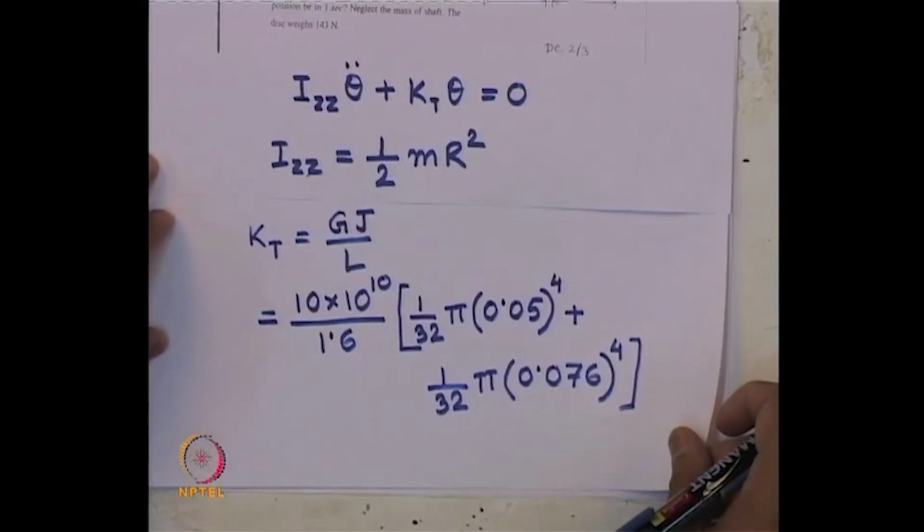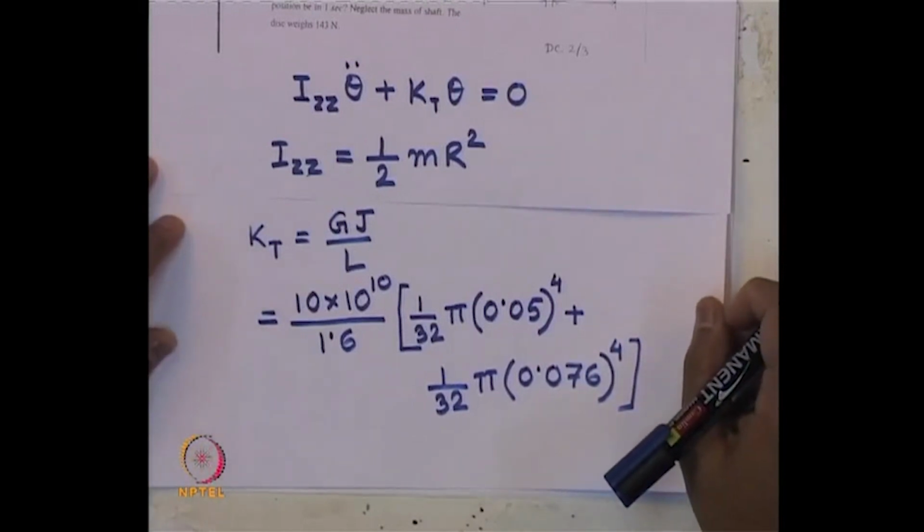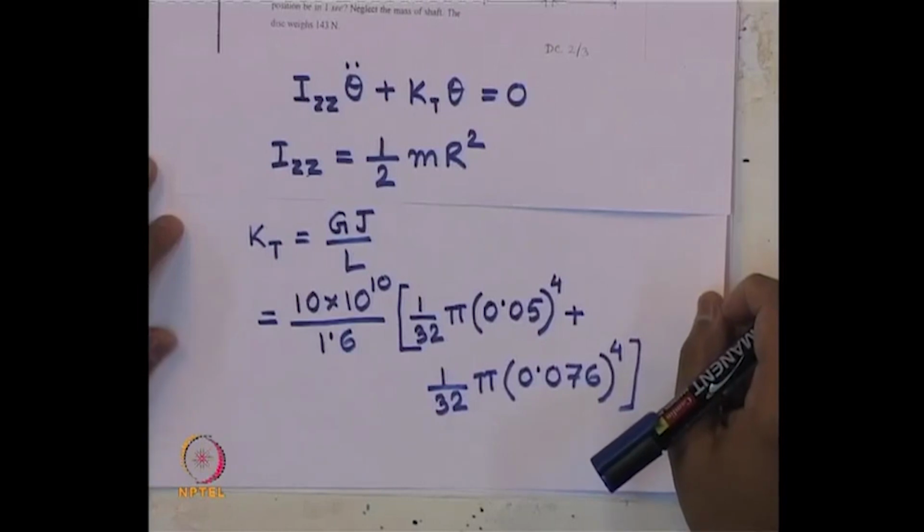What next? We can put these values of I zz and k t in our governing equation of motion, and let us see how it looks.